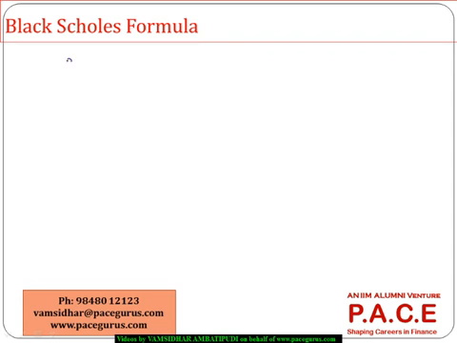We have worked out that the price of the European call option is S e power minus q(T minus t) N(d1) minus X e power minus r(T minus t) N(d2).